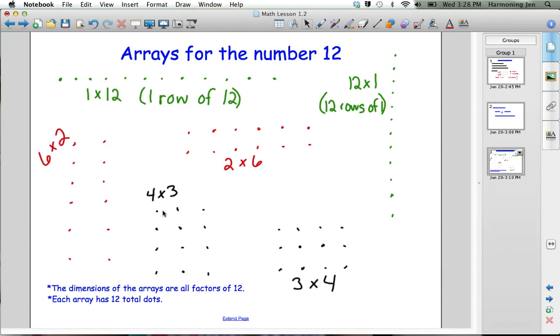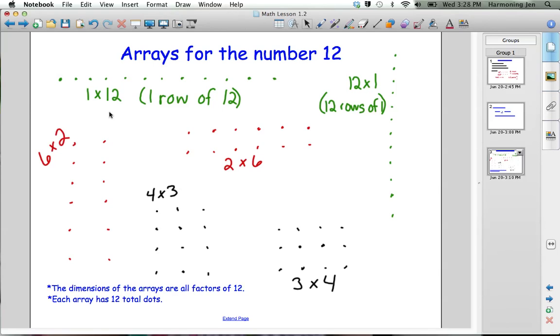And we can also make a 4 by 3 array for 12, 4 rows of 3. And we can make a 3 by 4 array, 3 rows of 4. Important to keep in mind, the dimensions of the arrays are all factors of 12.